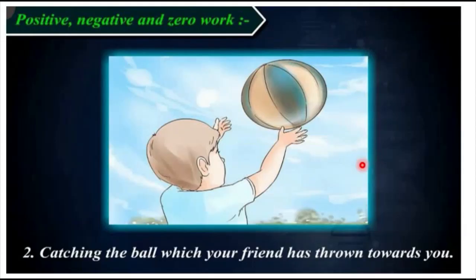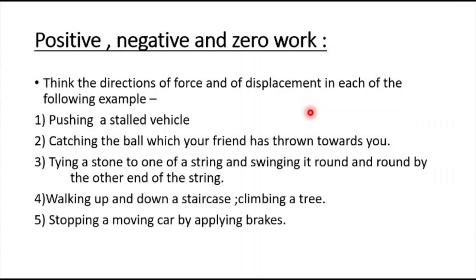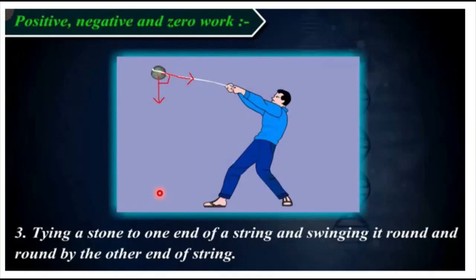In this example, force and displacement are opposite to each other. Third example, tying a stone to one end of a string and swinging it round and round by the other end of the string. In this example, force and displacement are perpendicular to each other.